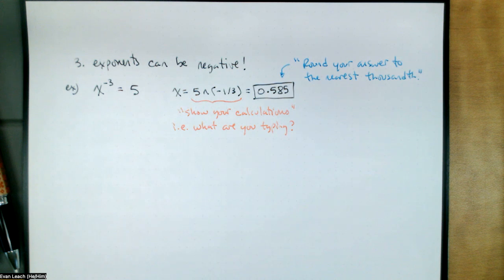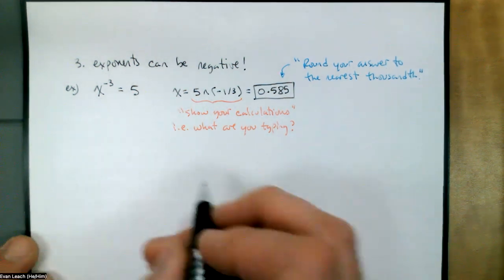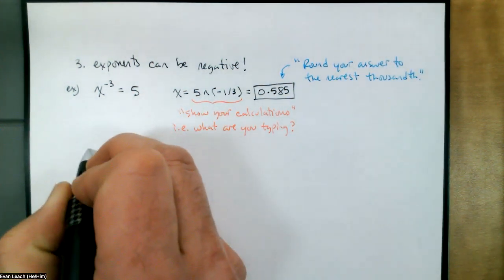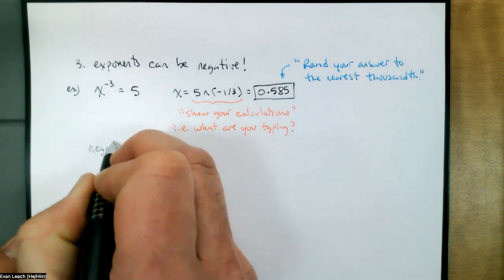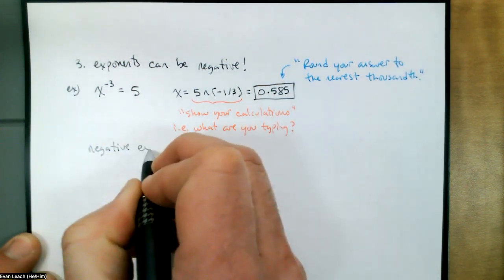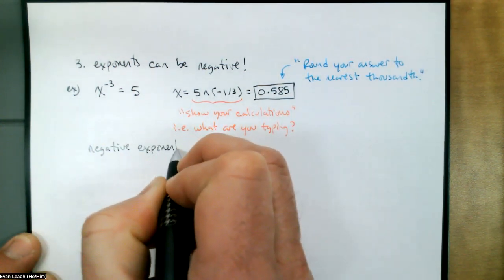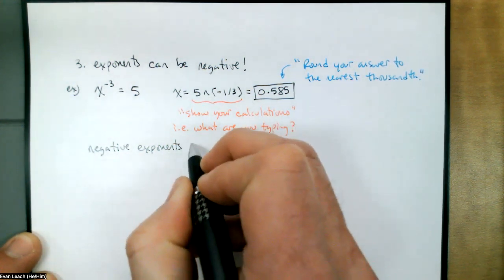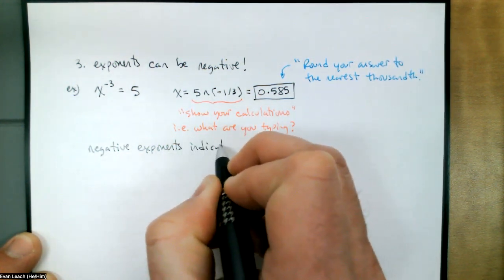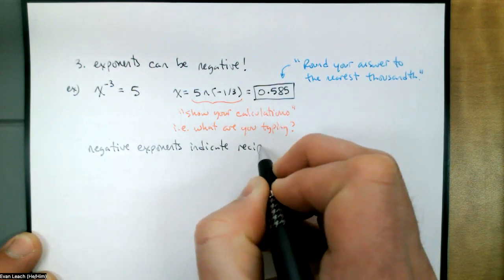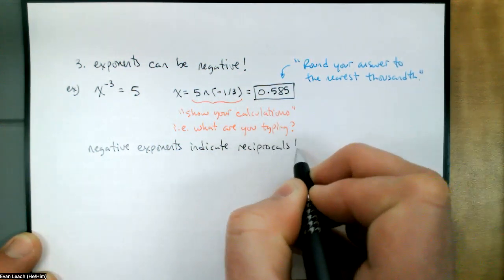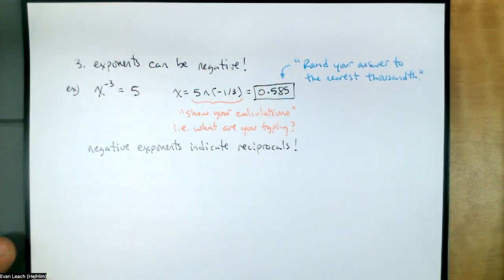We need to be able to interpret what a negative exponent represents. Negative exponents make reciprocals. Negative exponents indicate reciprocals.